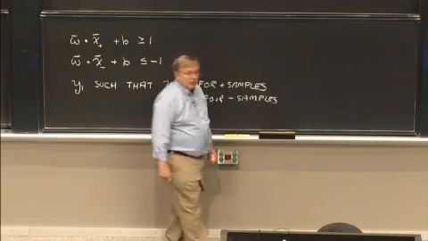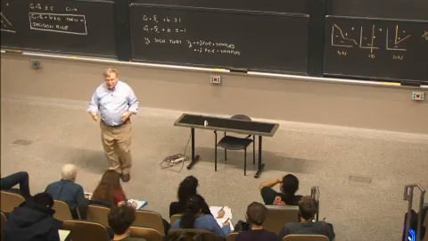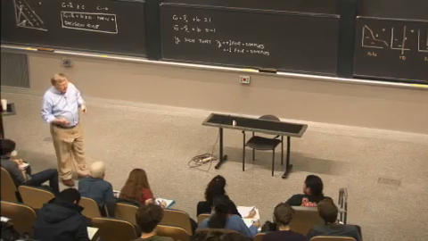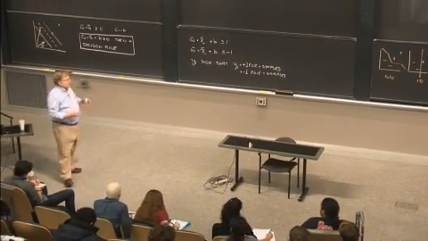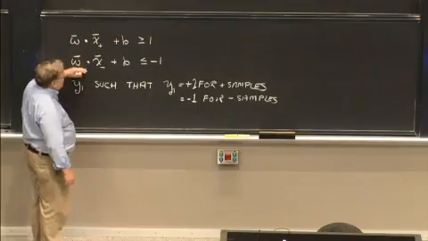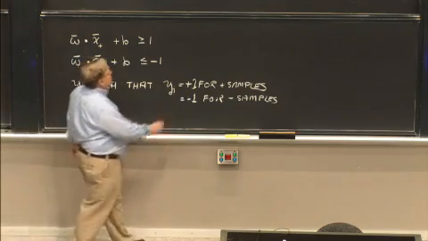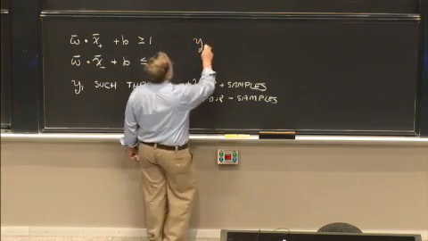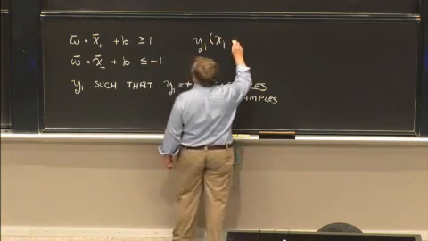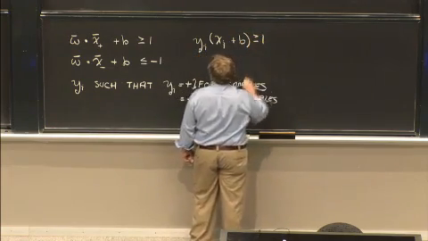All right? So for each sample, we're going to have a value for this new quantity we've introduced, y. And the value of y is going to be determined by whether it's a positive sample or a negative sample. If it's a positive sample, it's going to be +1 for this situation up here, and it's going to be -1 for this situation down here. So what we're going to do with this first equation is multiply it by y sub i, and that is now y sub i times w dot x sub i plus b is equal to or greater than 1.